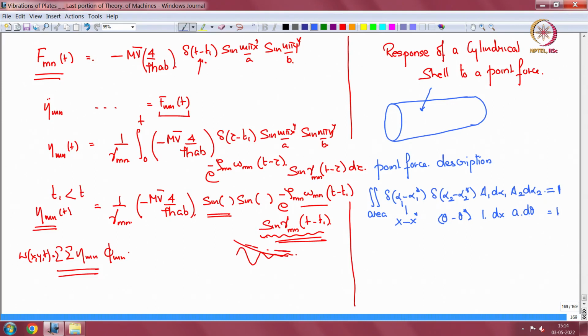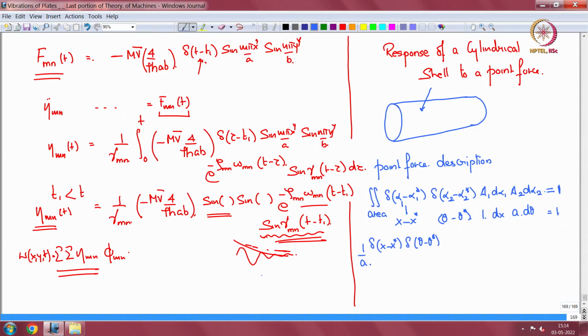So now what would be my delta descriptor? The delta descriptor will be delta x minus x star, delta theta minus theta star by a. That is my delta function in cylindrical coordinates.